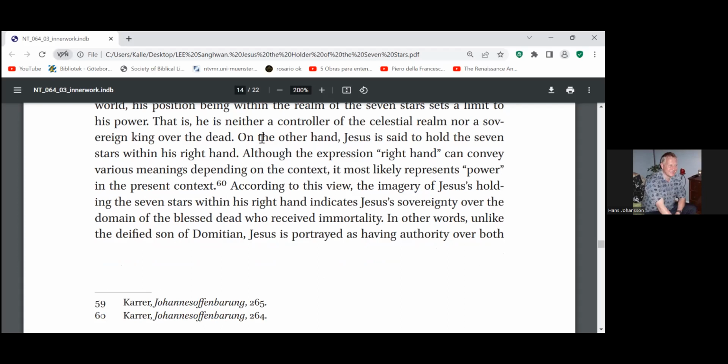That is, he is neither a controller of the celestial realm, nor a sovereign king over the dead.